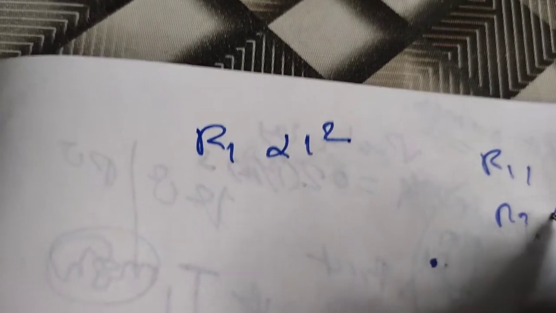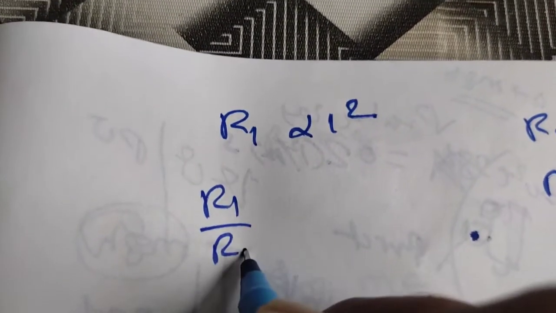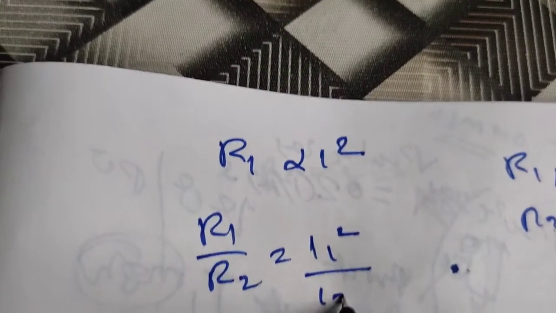What we get is R is proportional to L squared. Now let us take R1, L1 and R2, L2. R1 by R2 is equal to L1 squared by L2 squared.